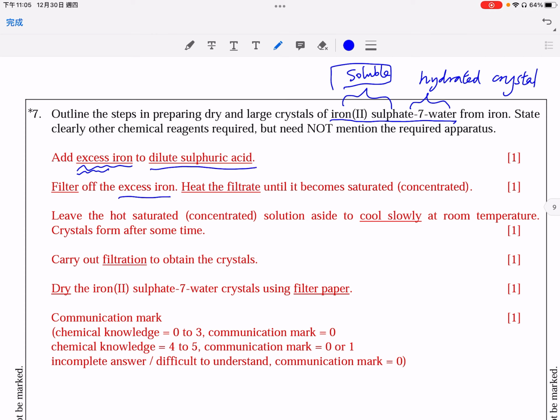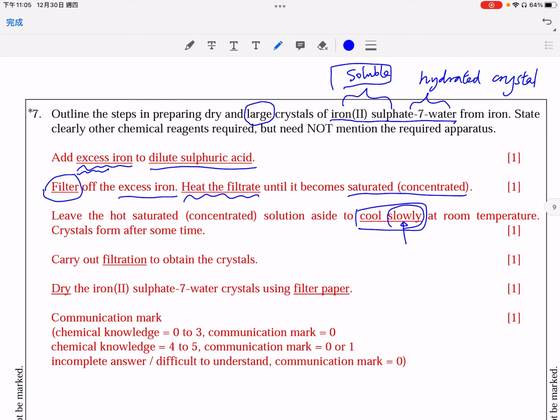And then the excess iron can be filtered off. Then heat the filtrate so that it becomes saturated or concentrated. And refer to the question, you are expected to prepare large crystals. Therefore, you have to cool the hot solution slowly.